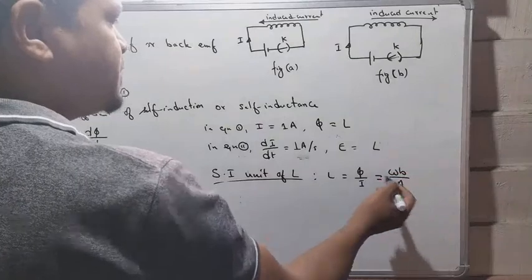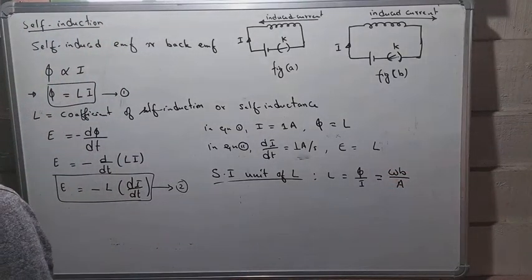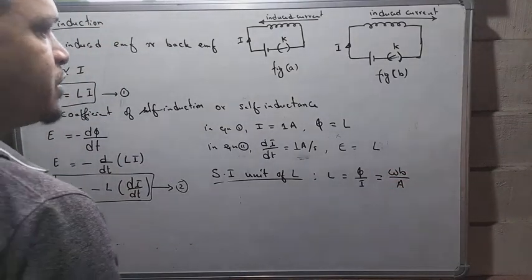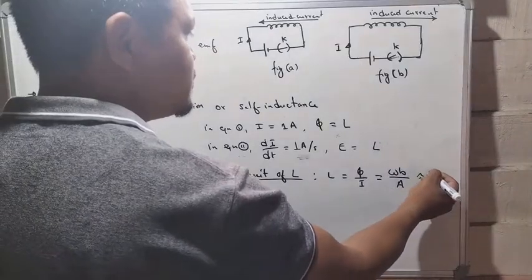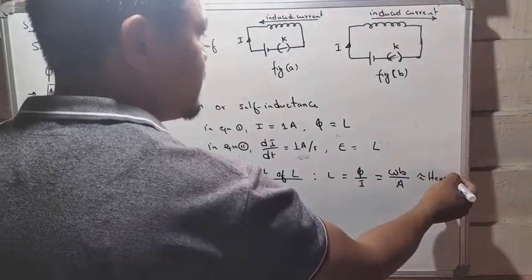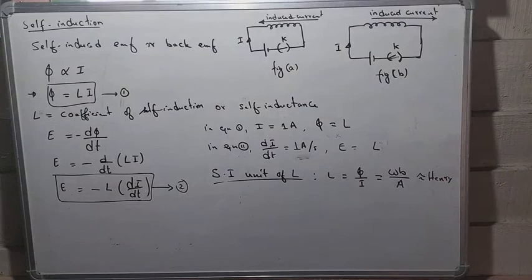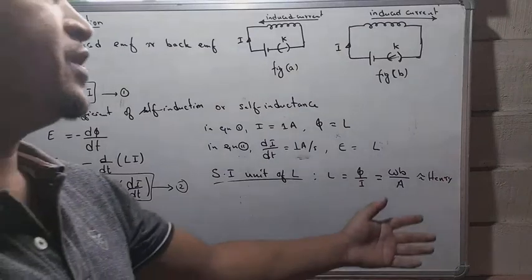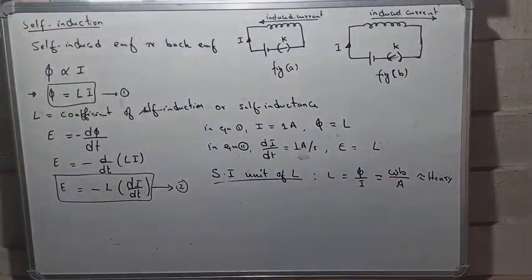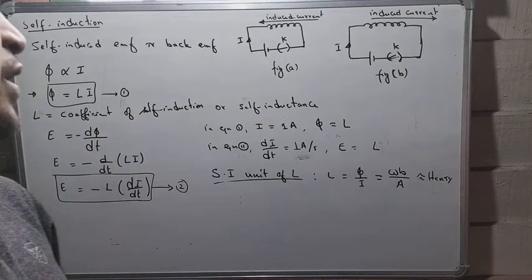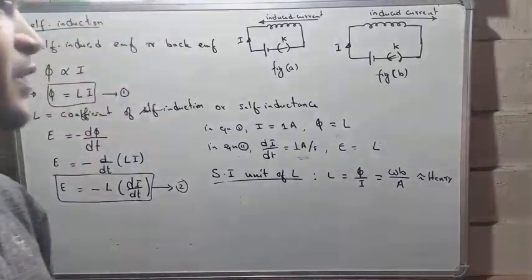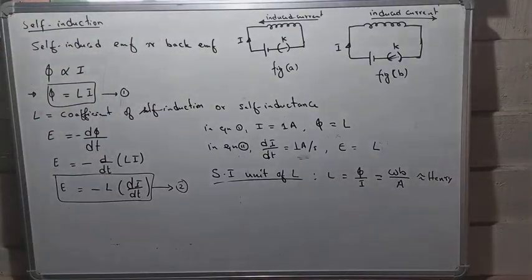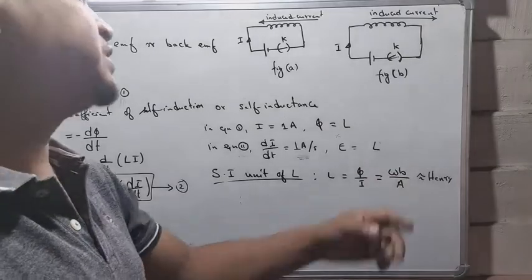So Weber per ampere is the SI unit of self-inductance, which is equivalent to Henry. Henry is the name of the scientist who first discovered induction in coils. Therefore, in order to remember his name, the SI unit of self-inductance is given in his name.